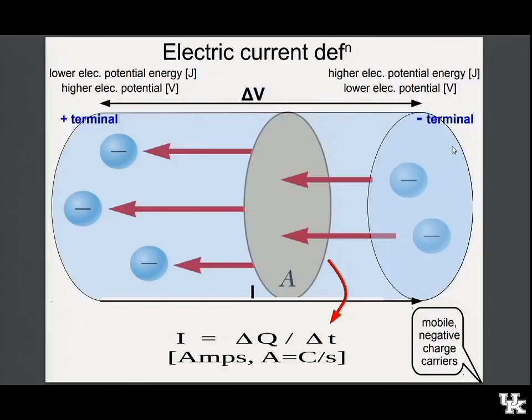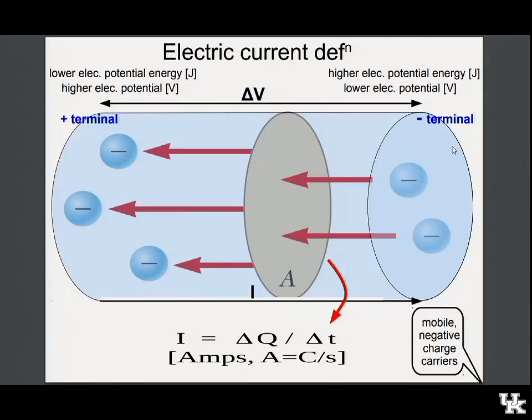What's changed is when I peer into the wire and look at the mobile charge carriers, now I see some electrons. So these electrons are what's in motion, as opposed to the positive charges in the last slide. And the other difference is that these are moving from the right to the left rather than left to the right.